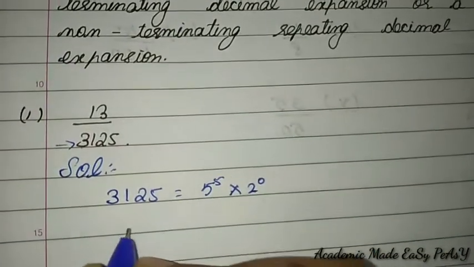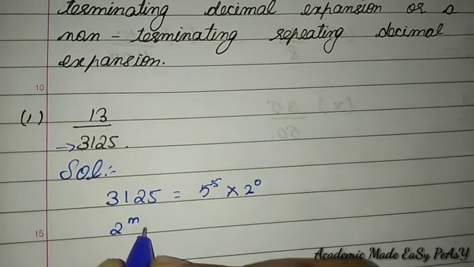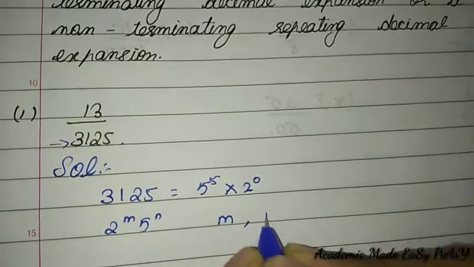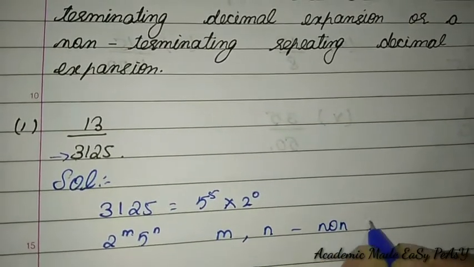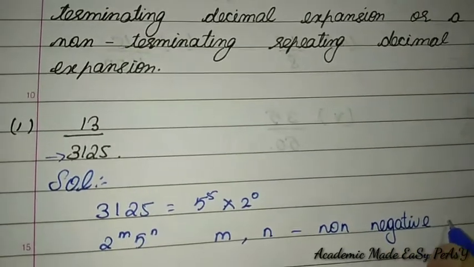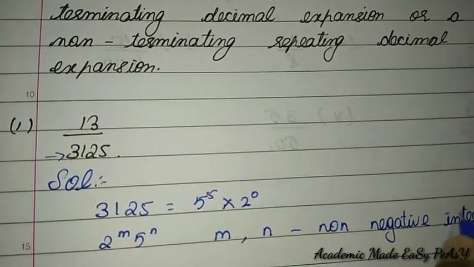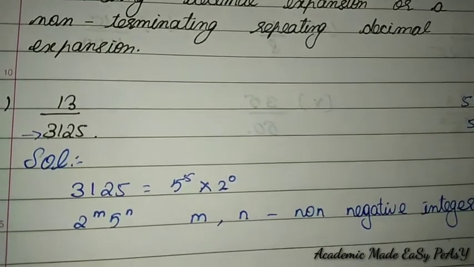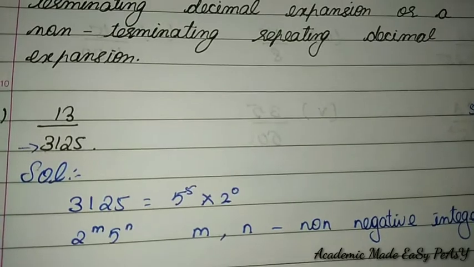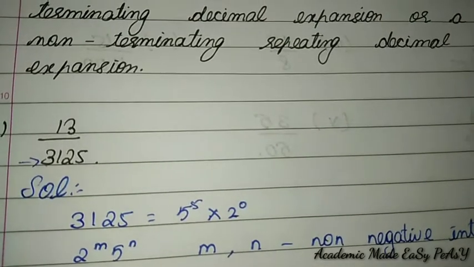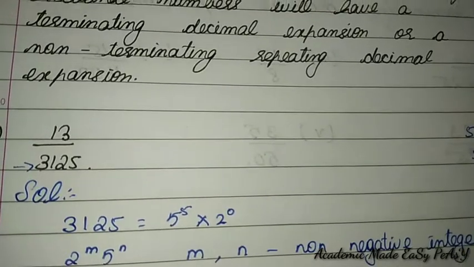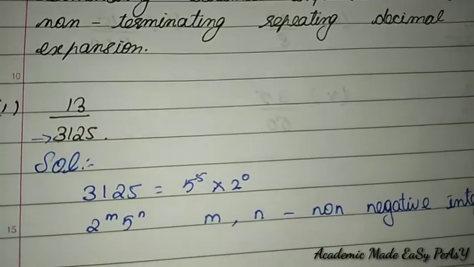If the denominator is of the form 2 power m into 5 power n, for some m and n non-negative integers, we will have the terminating decimal expansion.